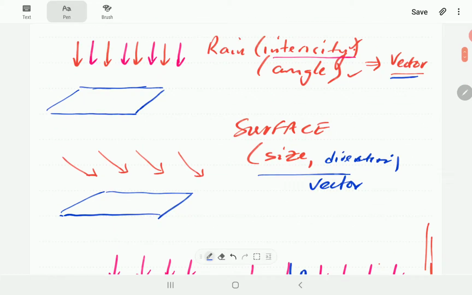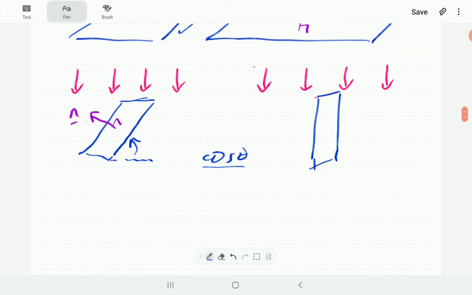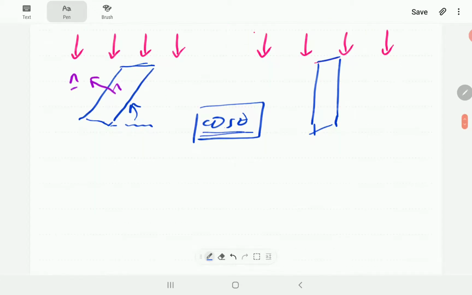So we need to express the rain in terms of a vector. We need to express the surface in terms of a vector, and then the product of those two, which involves a cosine, suggests that our flux is going to be defined in terms of the dot product.